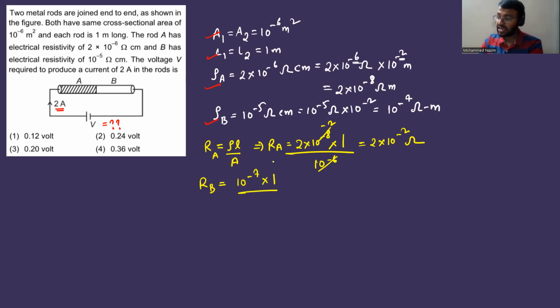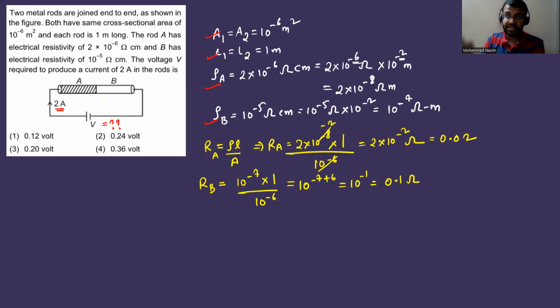Length is 1. Area is 10 power minus 6. So therefore, this will become 10 power minus 7 plus 6, correct? So this is going to be 10 to the power minus 1, which is nothing but 1 by 10, and that is 0.1 ohms. And A will be 0.02. 2 into 10 power minus 2 is 2 by 100, which is 0.02 ohms.